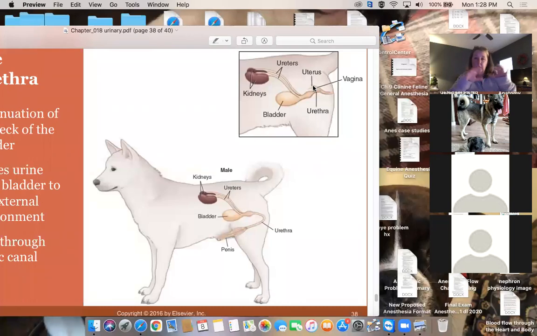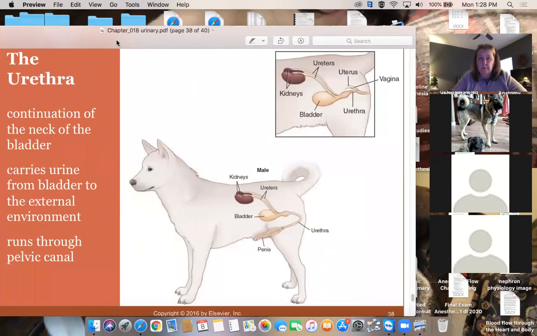We put on gloves and reach in and feel the papilla and slide the catheter under our finger. Even though this looks really short and simple, it's actually much, much more difficult to catheterize a female dog versus a male dog.